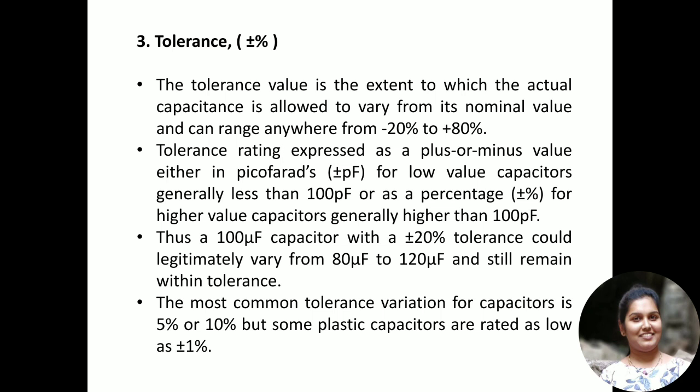Altogether, the capacitance tolerance range may vary from minus 20% to plus 80% for each kind of capacitor, whether paper, mica or plastic. Based on the family, the tolerance values may vary.